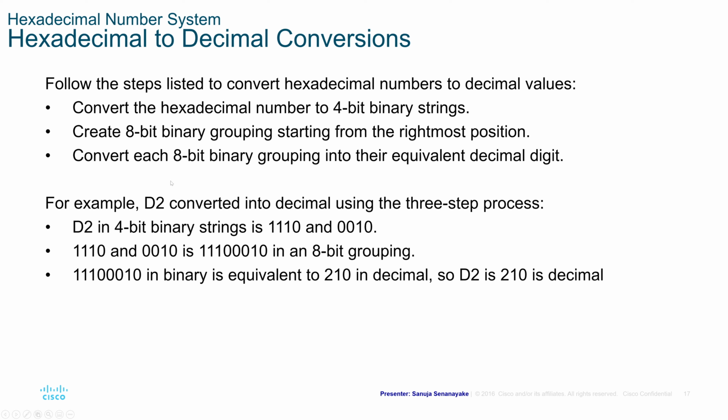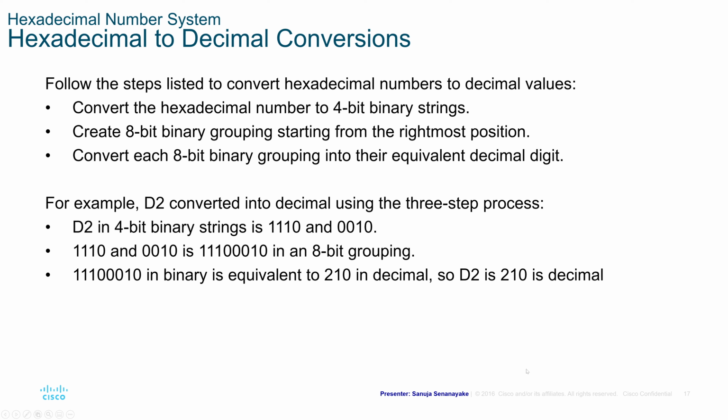For example, let's say we have D2 and we want to convert it into decimal. We're going to take the D2 and split it into two 4-bit binary strings. Again, you can go back to that table that you've seen before and use it to convert.